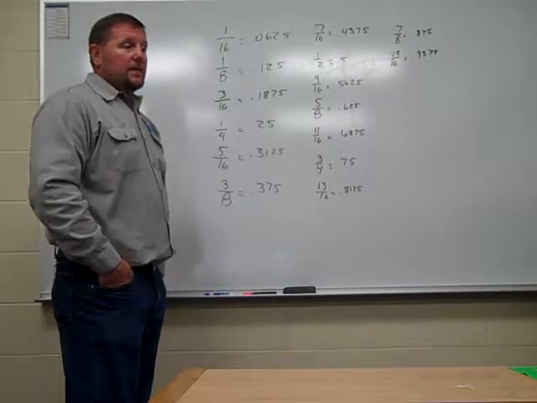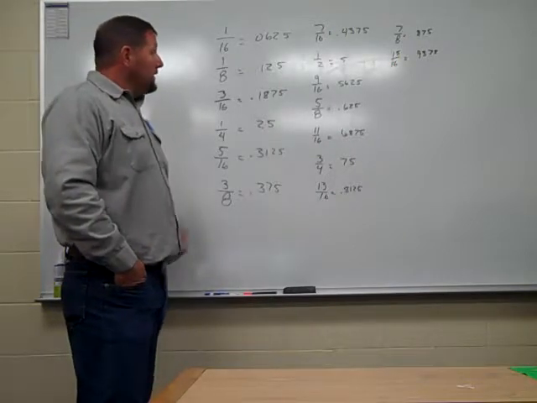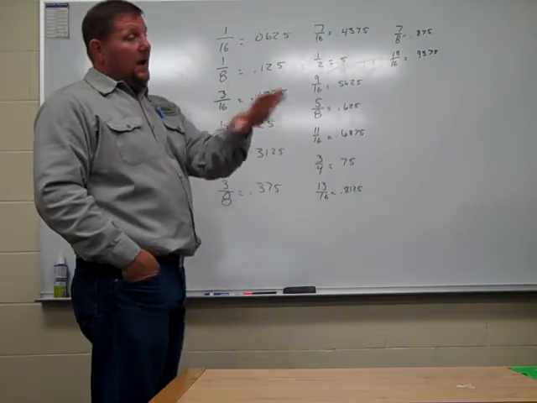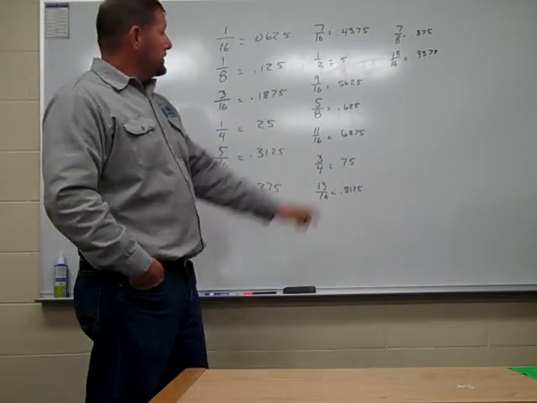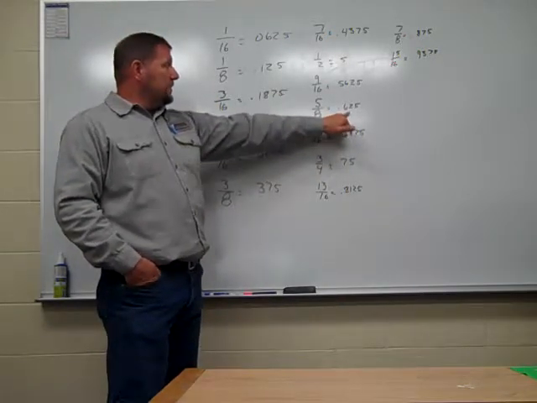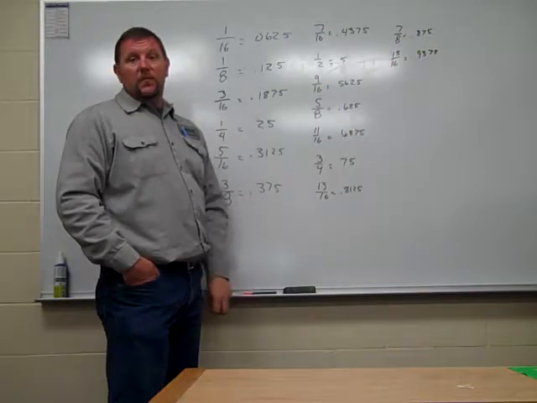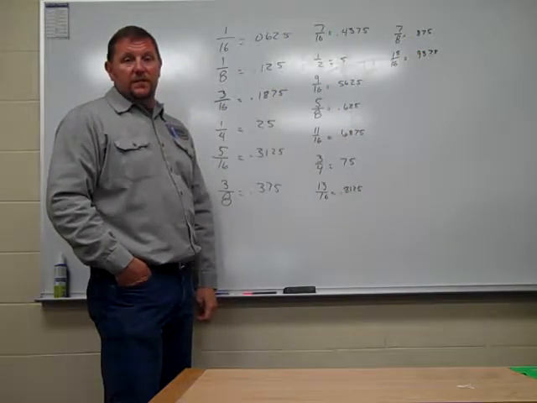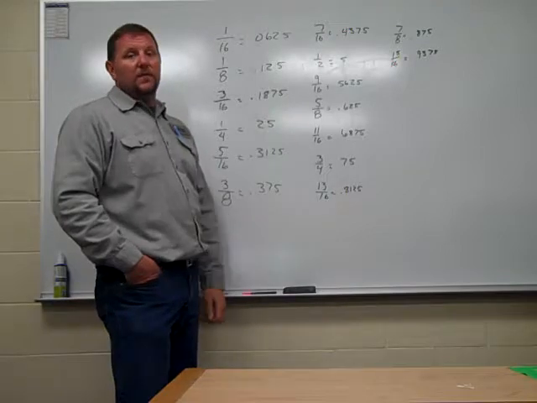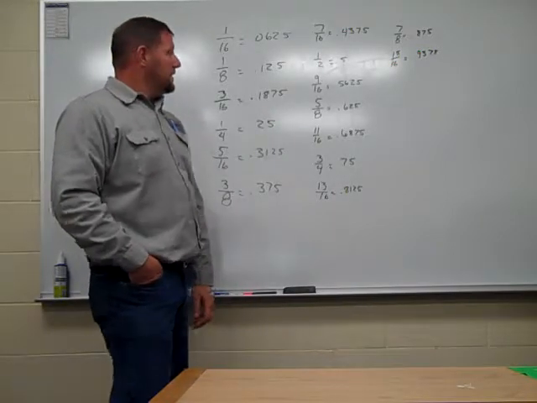This unit is important because a lot of times on your prints, measurements are in decimal form. For example, 0.625, what is that? How do you measure that on your tape measure? You have to convert that over to a fraction, which is 5/8.